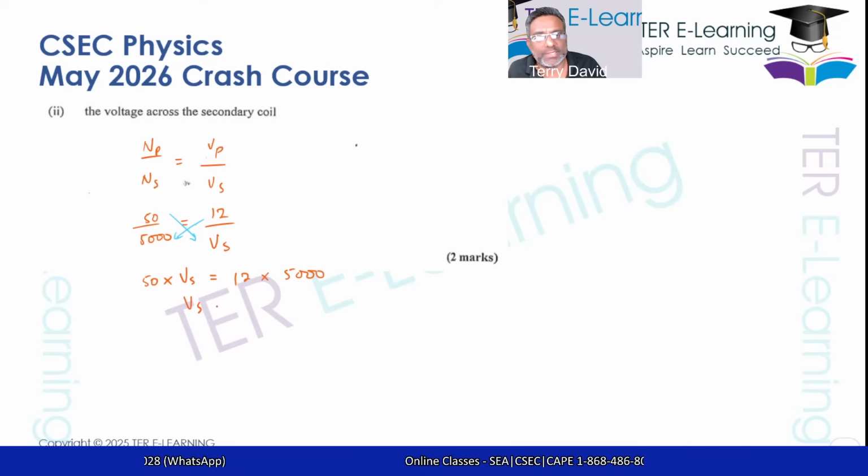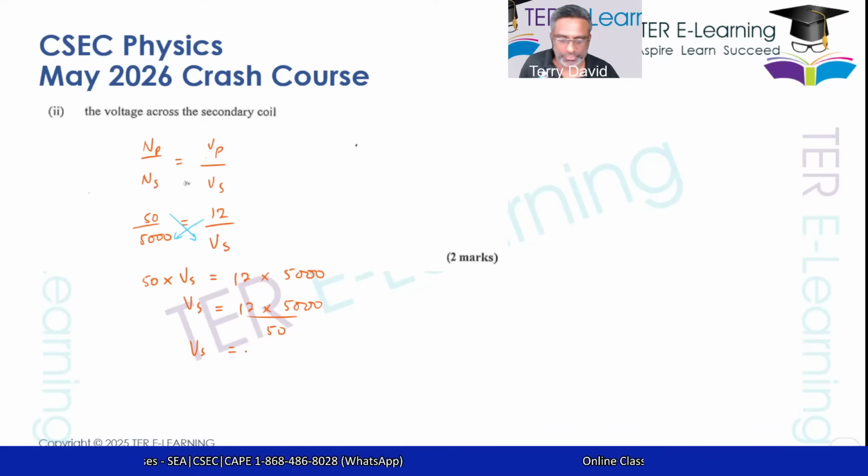Therefore, VS is equal to 12 by 5,000 all over 50. I'm getting 1200 volts here. So that's your secondary voltage. It's a step-up transformer, so we get 1200 volts.